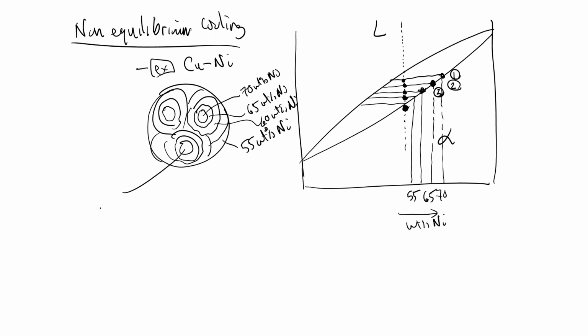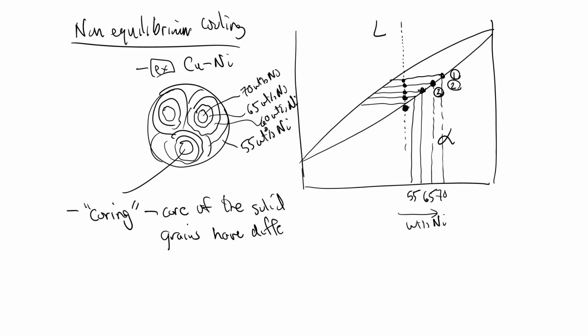In other words, there's a phenomenon known as coring that happens, and that means the core of the grains that form of the solid have a different composition than the outside.